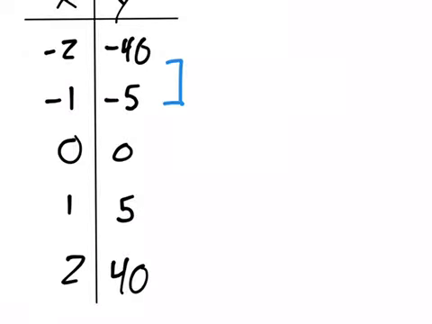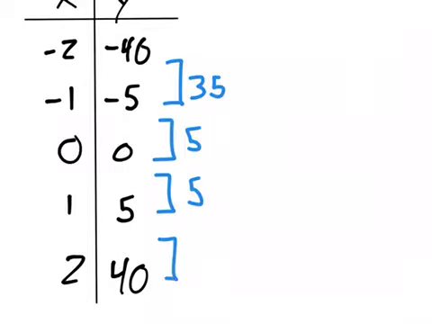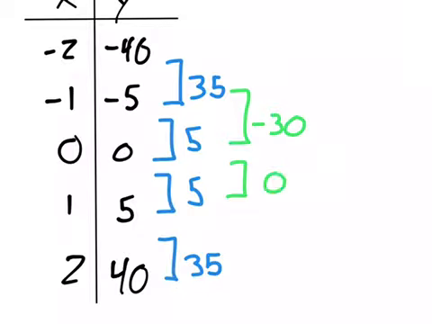So here we are increasing by 35. Here we're increasing by 5. Here we're increasing by 5. And here by 35. All right, so when we go to our next rung here, this time we decreased by 30, changed 0 from 5 to 5, and then we increased by 30.